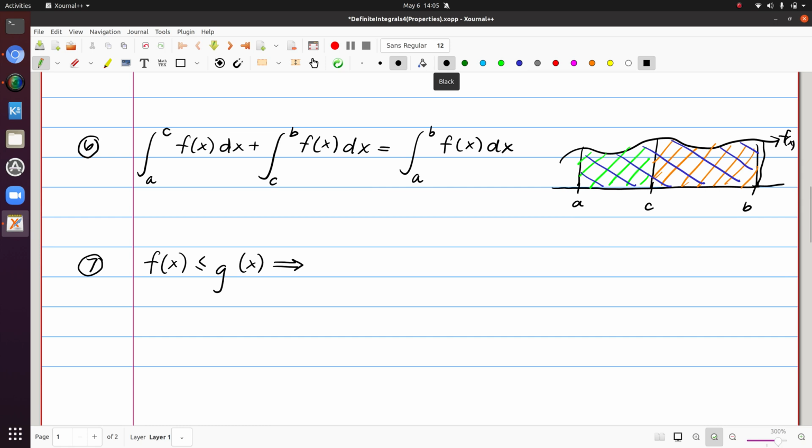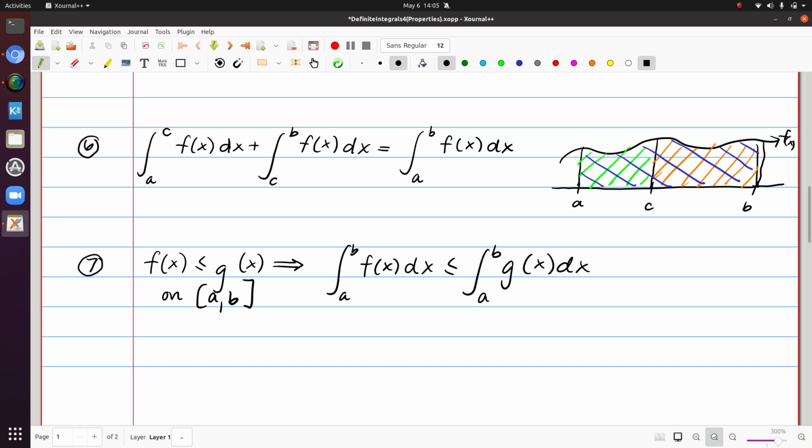And then the last property I want to point out here is that if I have the knowledge, let me say, on the interval from A to B, if I know that f of x is less than or equal to g of x, then that implies that integrating over that same interval, if I integrate f of x, I'm going to get something smaller than if I integrate g of x. And again, the only distinction here would be the rectangle heights, and we would be able to compare those from the function.